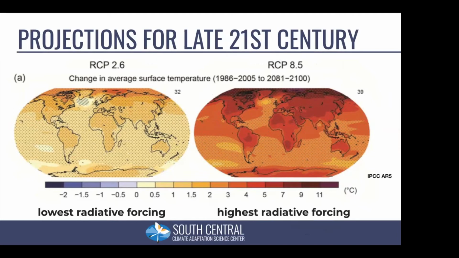Here the maps display the change in surface temperature by the end of the century as compared to the recent past, with RCP 2.6 on the left and RCP 8.5 on the right. In both cases, temperatures increase globally, with substantially larger increases in the 8.5 scenario.